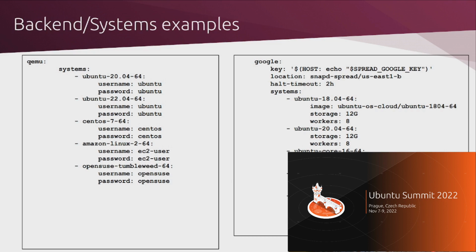And the same, for example, for Google, mostly for cloud environments, you need to define which image you want to use. And you have some extra things, but here you have a configuration for the workers. It means that it will always run, in this case, on 8 machines in parallel. This is very useful to speed up executions.